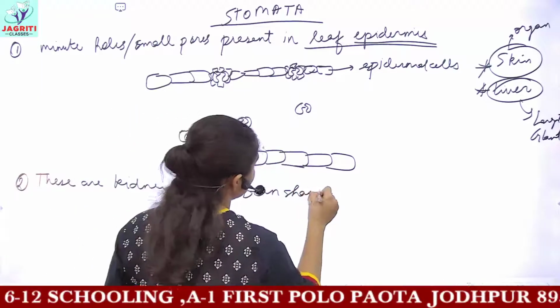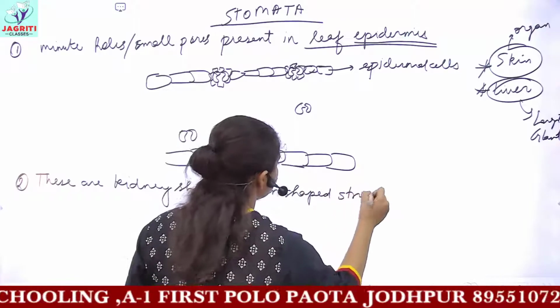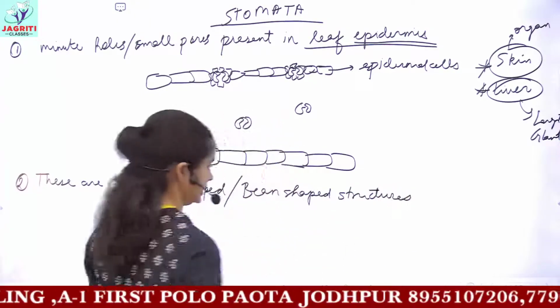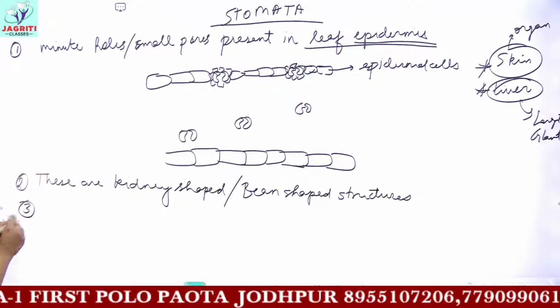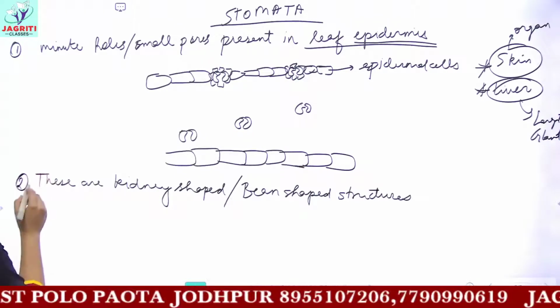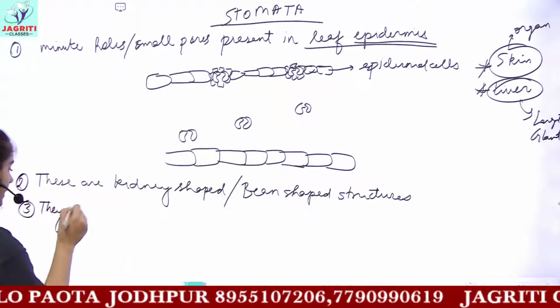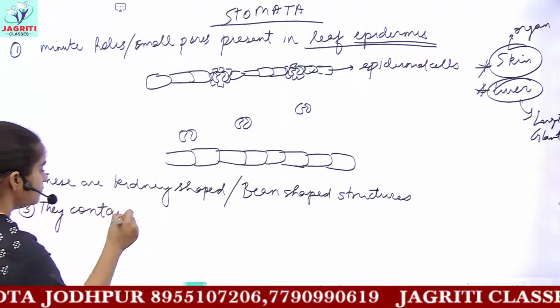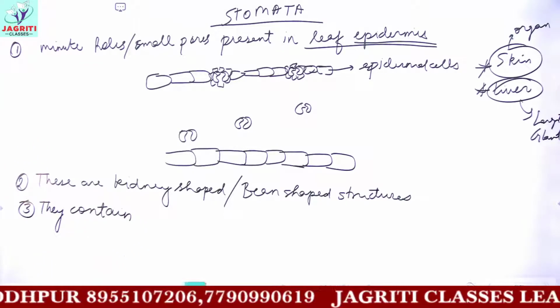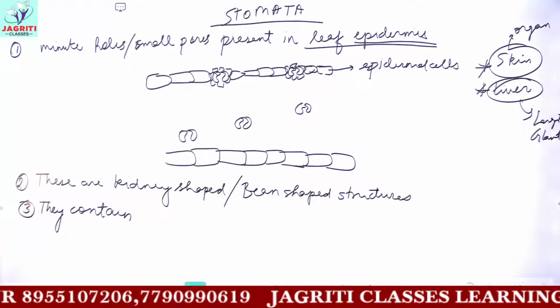So these are bean-shaped structures which are found in your epidermis. The next point would be their diagram. These stomata, I am telling you their structural features. Which kind of structure do these stomata have?